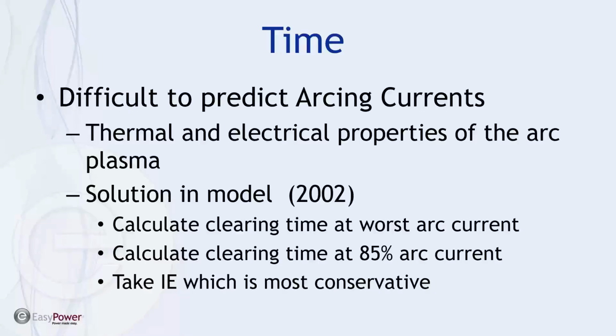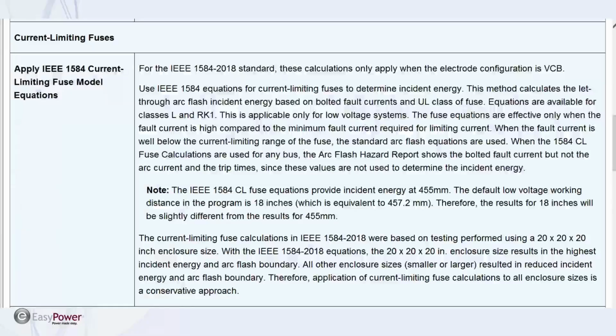Well, with the advent of things like current limiting fuses, that difficulty in predicting arcing current presented a problem when we try to apply the technology of current limiting fuses.